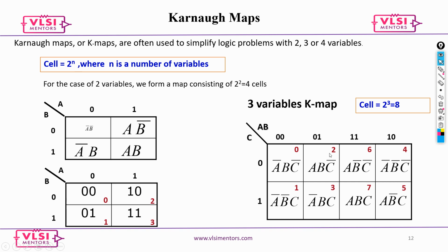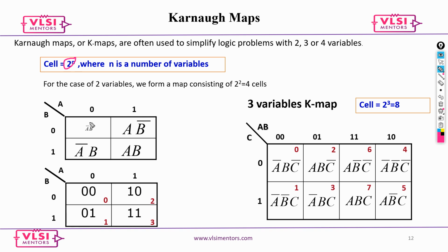Okay. Now, here we have one, two, three, four columns, four fields. So it is basically 2 to the power n. Say your A, B, 0 and 1.